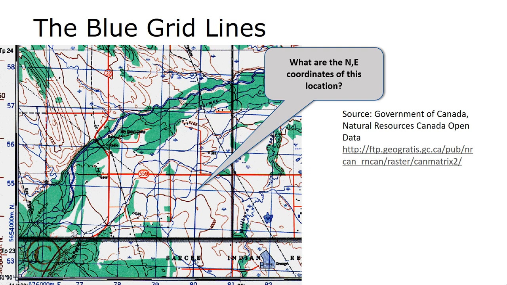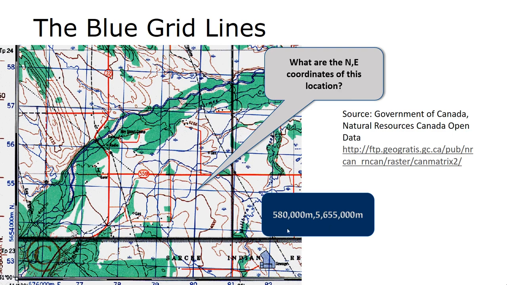So we know that this bolded bigger line here is 580,000 meters east. Then along the y-axis, we're going up. This one says 5,654,000, and then we go up to here because that's the line it is attached to, so it'd be 5,655,000 meters north. So my answer is 580,000 meters east and 5,655,000 meters north.